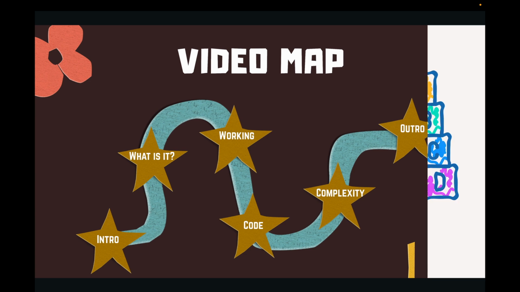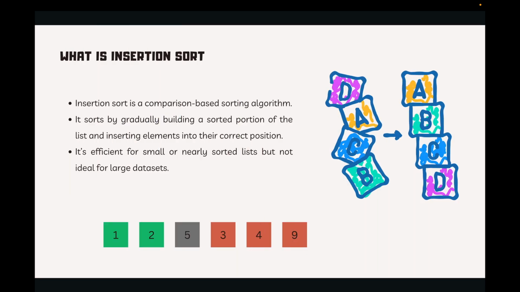So let's get started. So what exactly is insertion sort? It's a comparison-based sorting algorithm, meaning it works by comparing elements and arranging them in order. The idea is simple. We start with an imaginary sorted portion on the left.